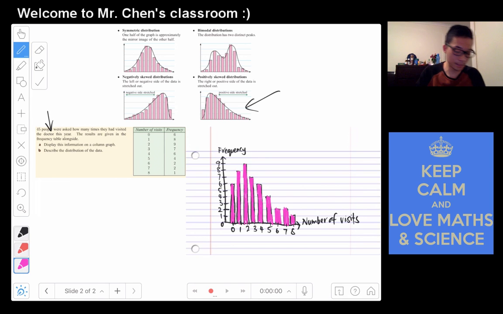As you can see, if I draw a curve, the curve will be like this. What the curve tells me is the data is positively skewed, which means the right or positive side of the data has been stretched out.